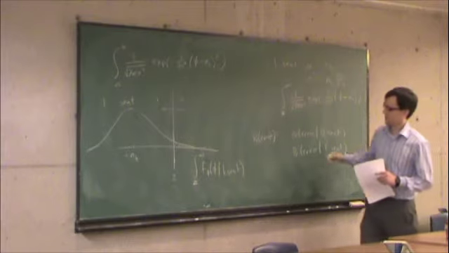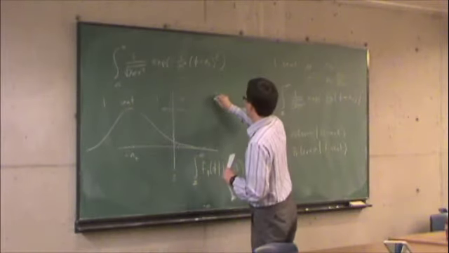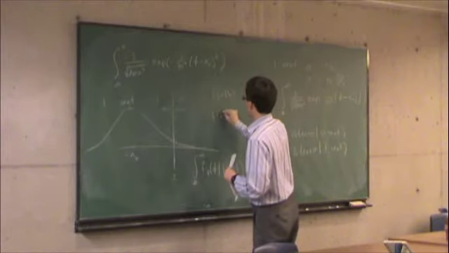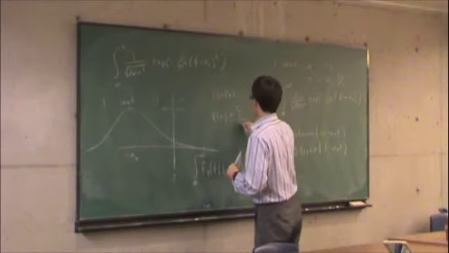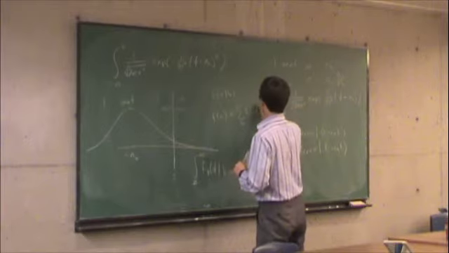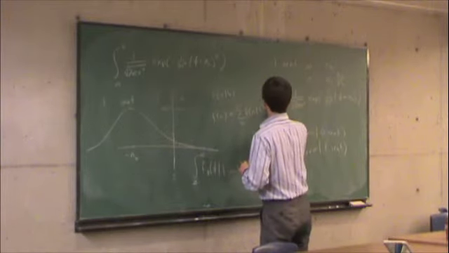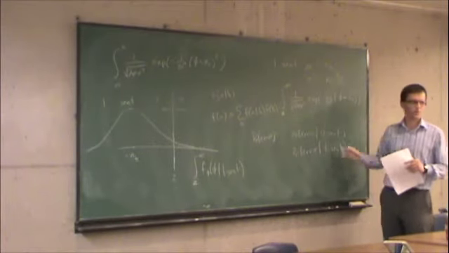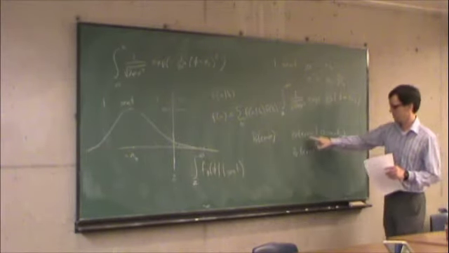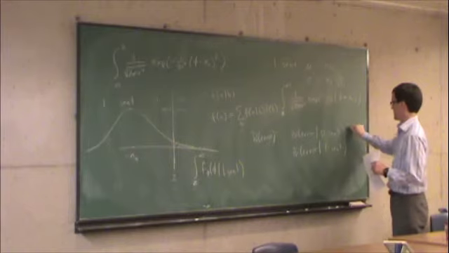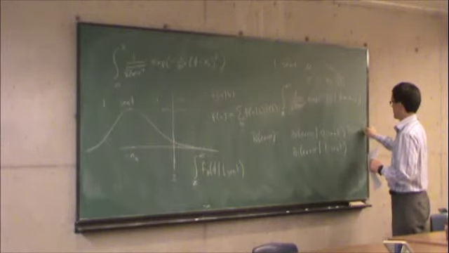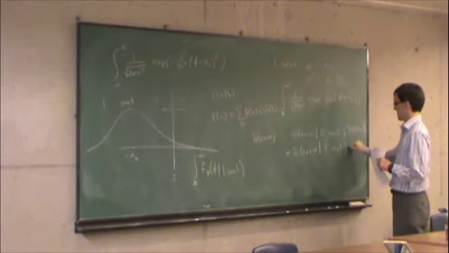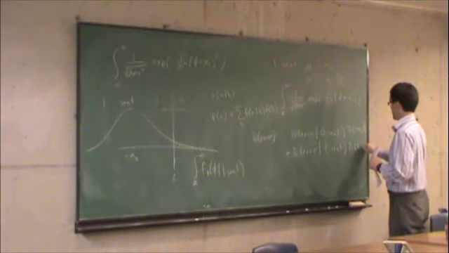Generally speaking, if you have f of a given b, and you want f of a, you sum over all b, f of a given b times f of b. In other words, you sum over them, but you weight them with respect to the probabilities of each of them. So probability of error given 0 sent times probability of 0 sent, plus probability of error given 1 sent times probability of 1 sent.